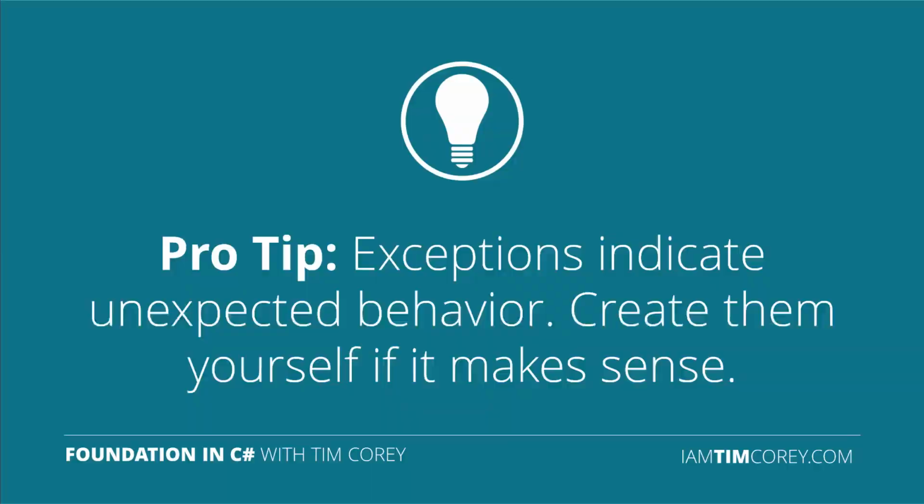Let's look at our pro tip for today. Exceptions indicate unexpected behavior. So create them yourself if it makes sense. So if your application is working unexpectedly and you detect it, but you don't have access to stop it, meaning you're too far down the chain and there's got to be some stuff up the levels that has to do stuff, go ahead and create your own exception and say, there is a problem here, and let it bubble up the chain until someone who has the authority can do something about it.